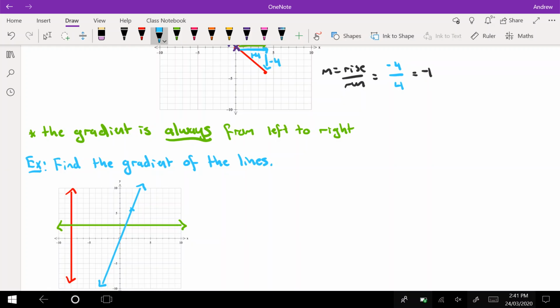I'm going to start with my blue one. So the gradient of my blue line equals rise over run. And just because I know that that's a bit difficult to see from there, I'm going to tell you that that point there is 2, 6. And that is 0, 0.